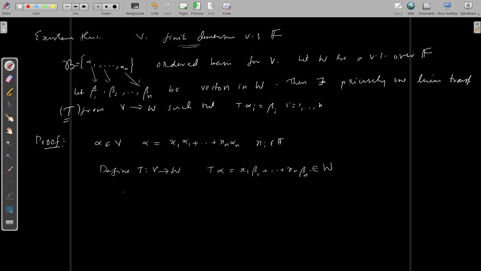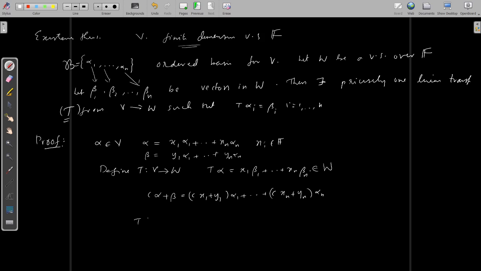So first we prove T is a linear transformation. In order to prove T is a linear transformation, we need to consider two elements alpha and beta from V. Say this is y1 alpha 1 plus etc. yn alpha n. Then consider C alpha plus beta, that is (C x1 plus y1) times alpha 1 plus etc. (C xn plus yn) times alpha n.